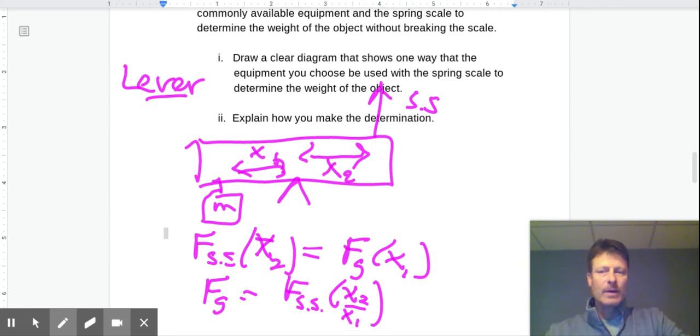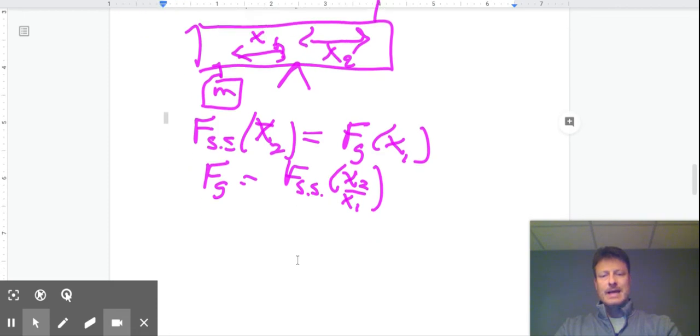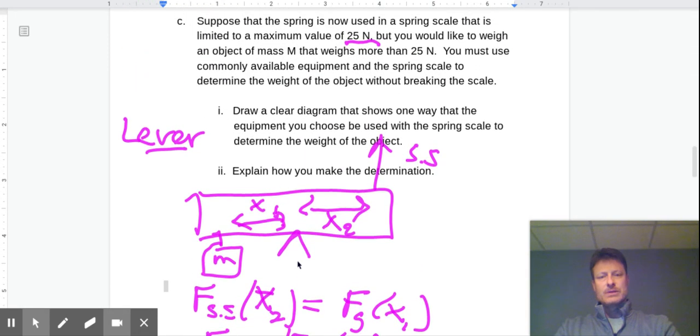But knowing that just weighing things on two sides isn't going to get it done, with your spring scale you're going to have to do something with a mechanical advantage, using some sort of lever, pulley, or inclined plane. So you're using some sort of simple machine to get the job done. Basically, those are the answers that I was expecting for that one.